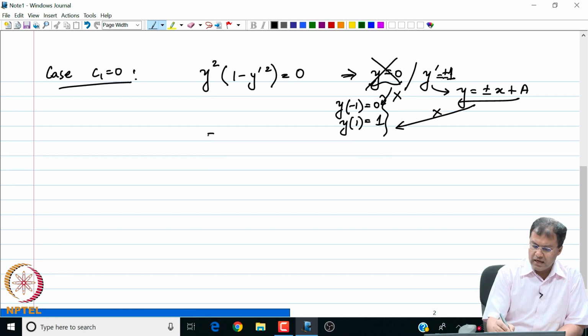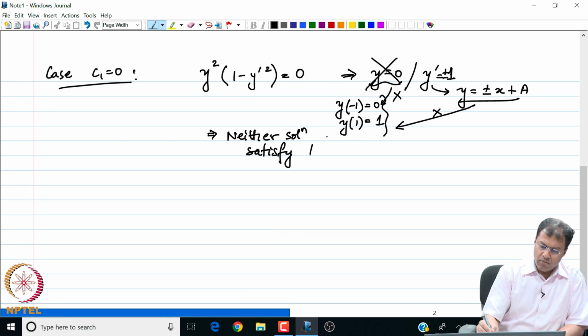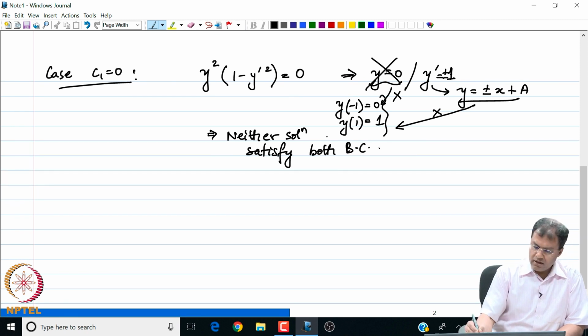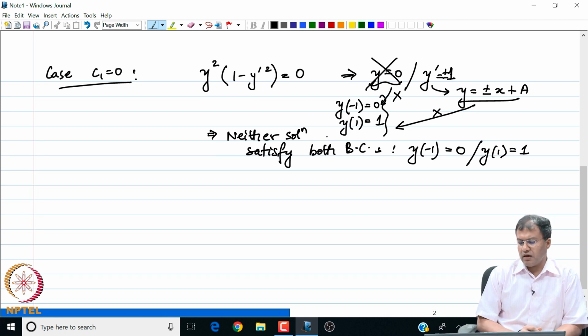So, the conclusion here is that neither solution satisfies both boundary conditions, right. I have that y of minus 1 is equal to 0 and y of 1 is equal to 1. So, both boundary conditions are not satisfied simultaneously by either of the solutions.